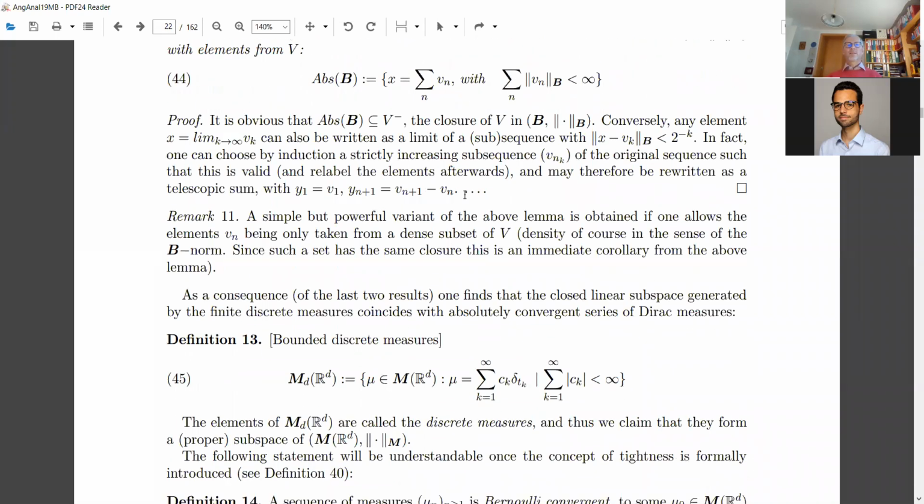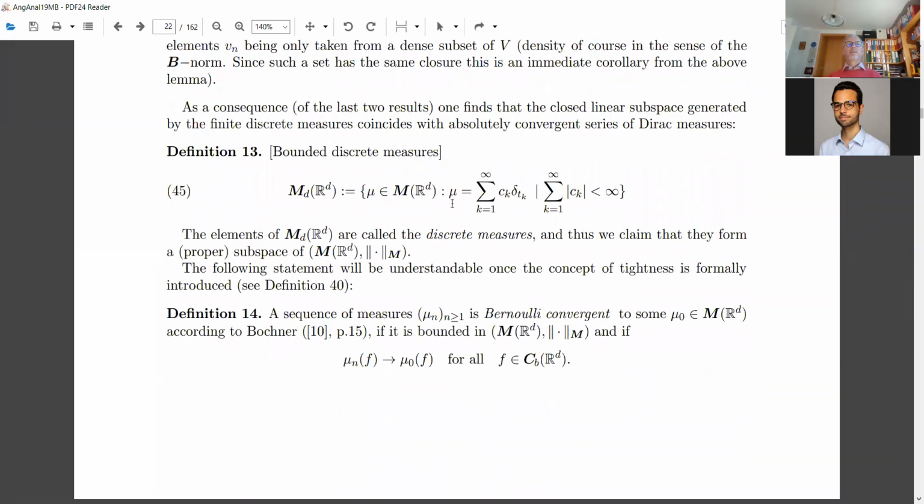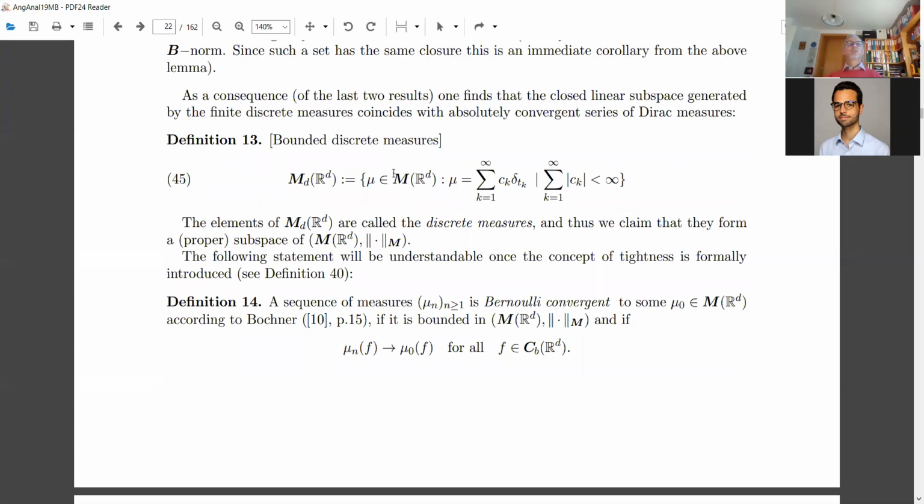So I think it's plausible, and I'm recalling this definition number 13, that the closure of the finite discrete measures are the bounded discrete measures, because we are doing the limit in the space of bounded linear functionals, bounded measures in the measure theoretic sense, and we're getting exactly this representation.